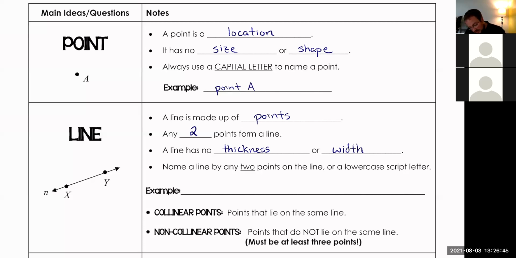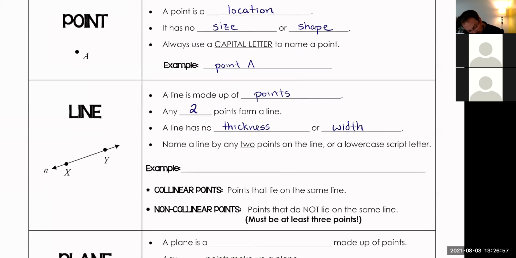And to name a line, you do so by any 2 points that are actually on that line, or you may use a lowercase script, meaning cursive letter. So in the diagram there next to us, we can name it with the 2 points that are on it with a little line symbol above it. Notice that it does have to have the little arrow marks above it.